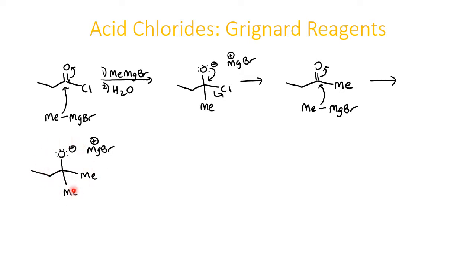So the molecule will stay in this form until it's treated with our second reagent, which is water. And water will act as a proton source. Ultimately, we started with an acid chloride and we now created a tertiary alcohol.